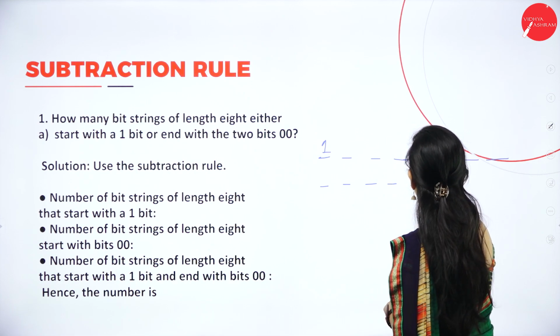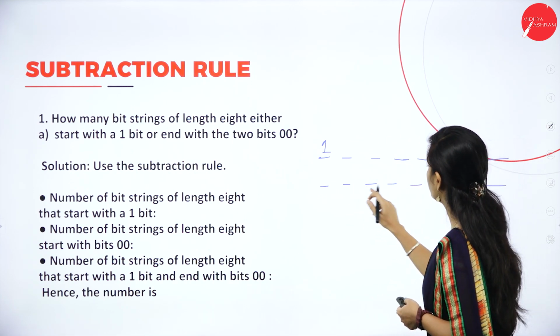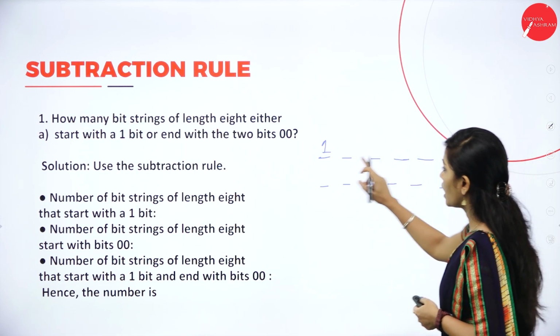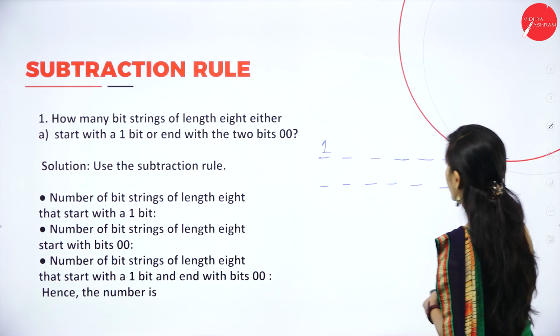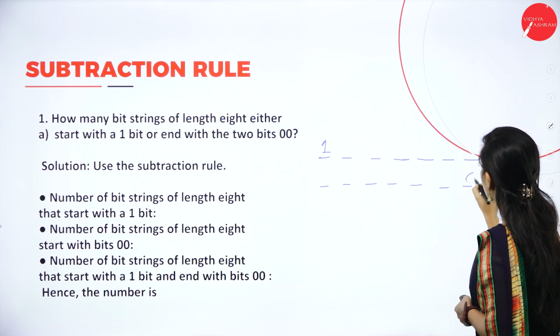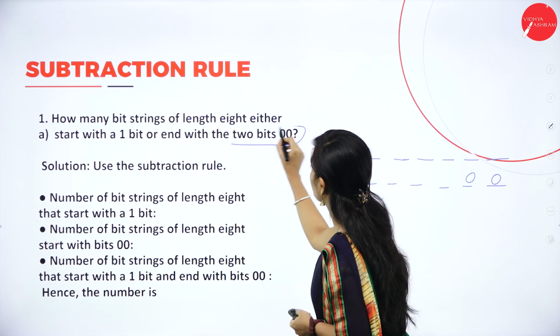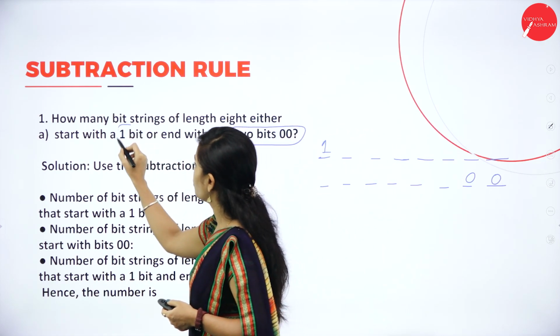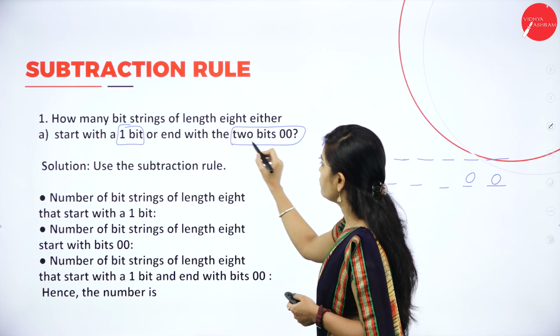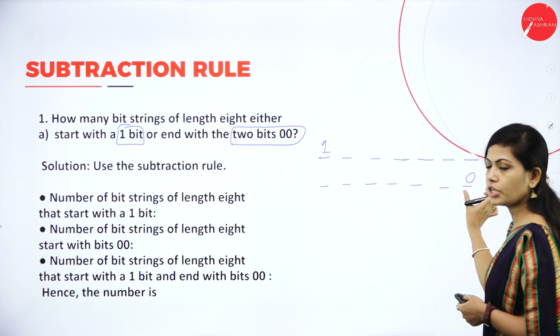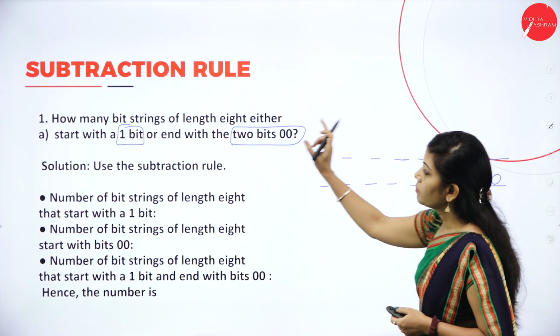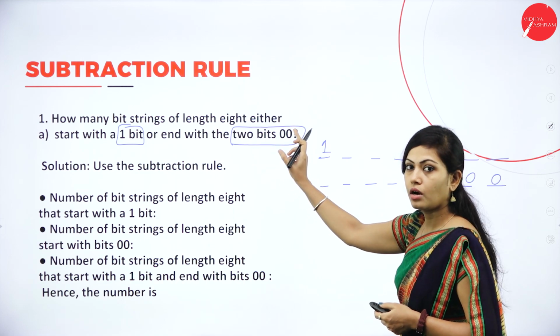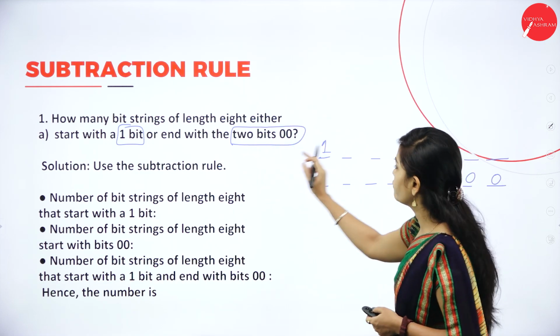Again, I will write the bit strings of length 8: 1, 2, 3, 4, 5, 6, 7, 8. Start with 1 bit or end with 2 bits 0, 0. So how many bit strings of length 8 start with 1 bit?